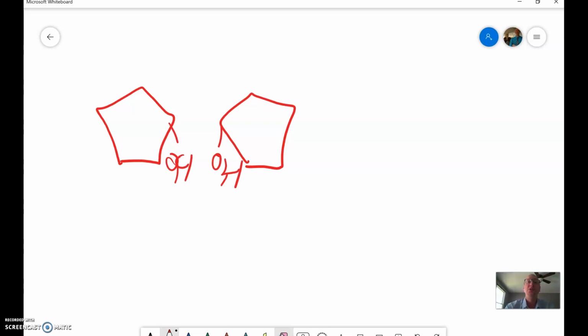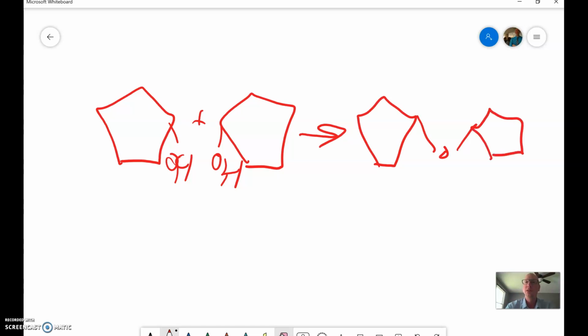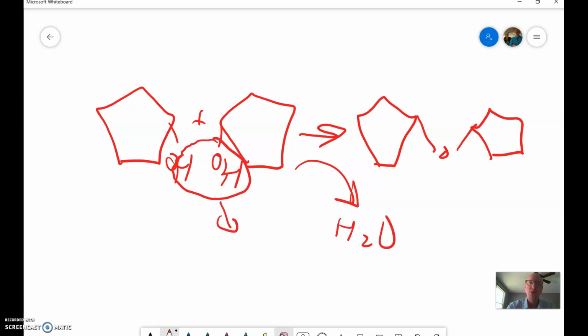So you should say that to join two sugars together, if I'm adding them together to get this, you must take out a water. So here I'm removing two H's and the O, and I guess I could highlight this. I'm removing H2O, and I'm forming a bond. That is called dehydration.